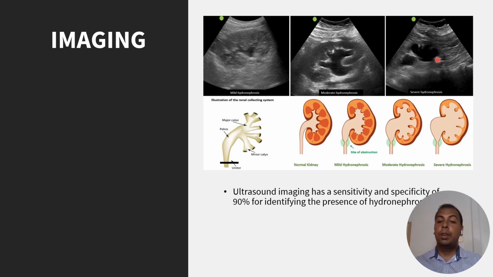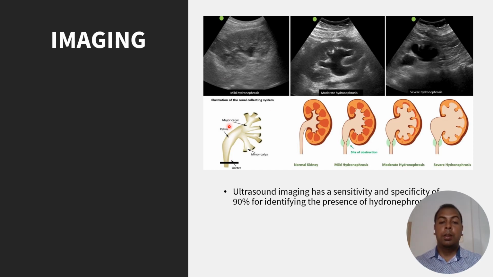You could see in the severe, the parenchyma of the kidney is really thin, as compared to the collecting system, that is the calyces and the pelvis. In moderate hydronephrosis, it's not that thin, but the collecting system is still dilated. Here you could see a summary of this.